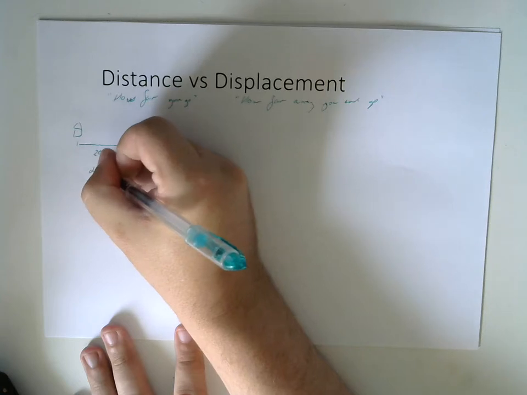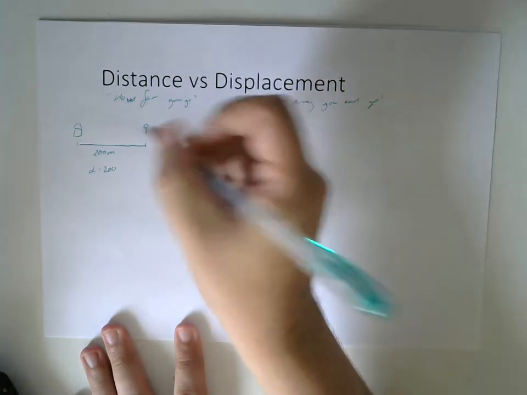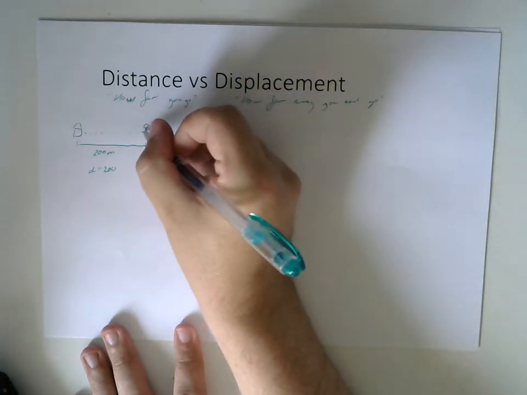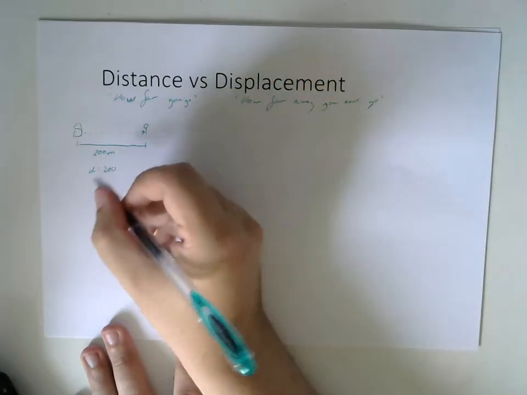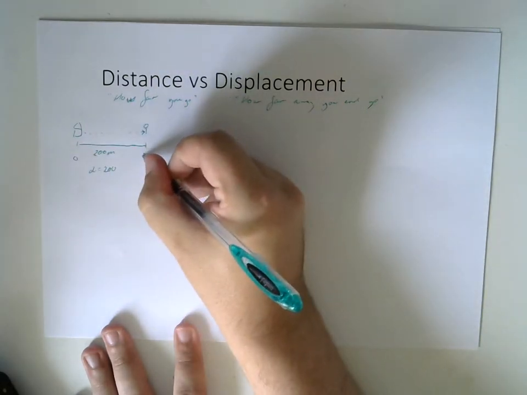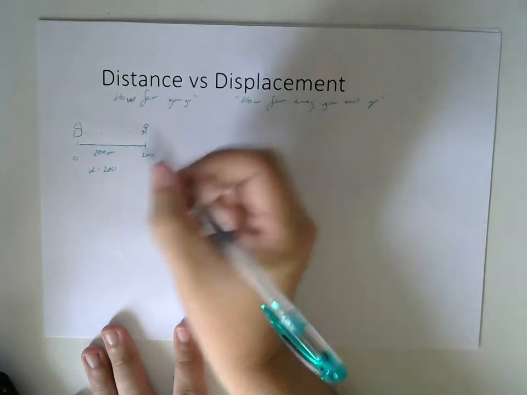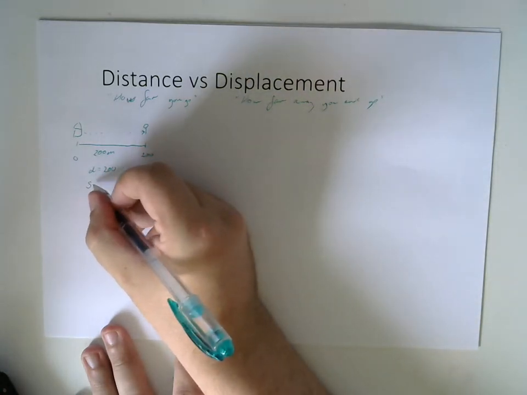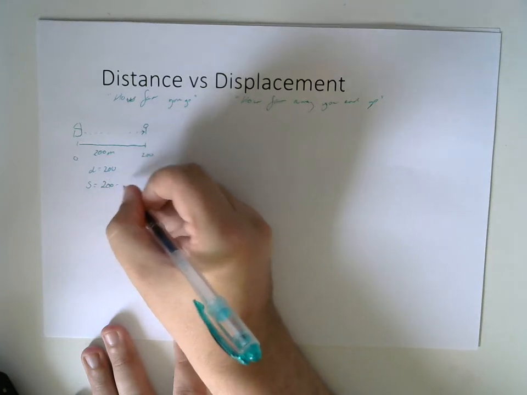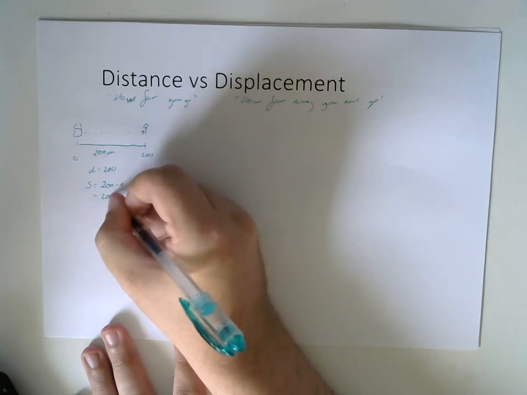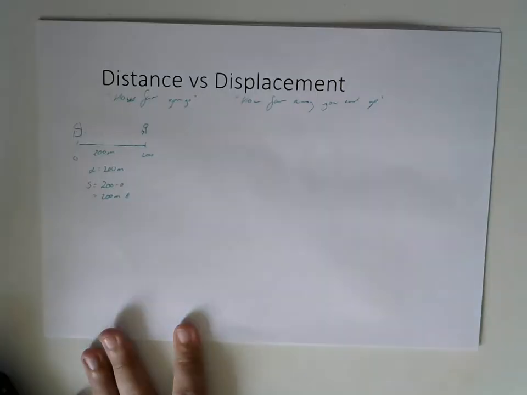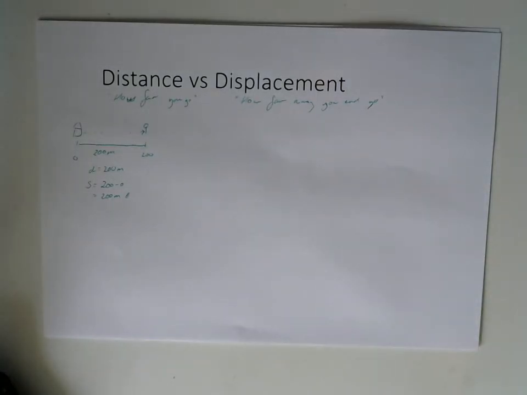Well, the distance would be equal to 200, because you've just gone straight there. But the displacement, well, if we say that this is 0 and this is the coordinate 200 because it's 200 meters away, we can see that the displacement equals final takeaway initial, 200 takeaway 0 equals 200 meters, let's say east, because we'll take it to the right as being east. That's a fairly common convention.